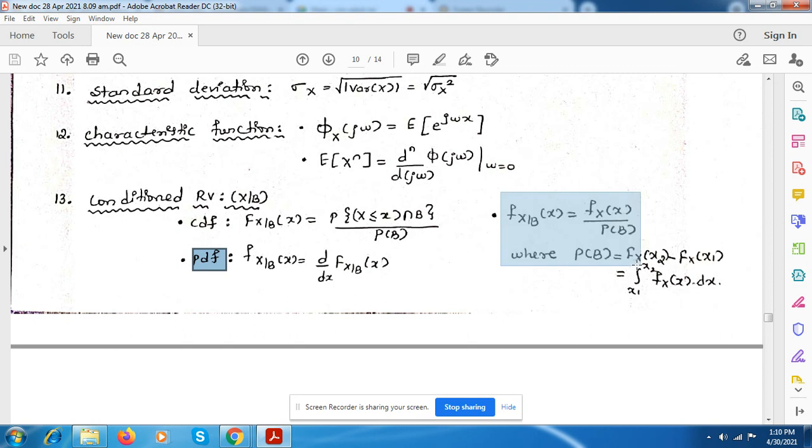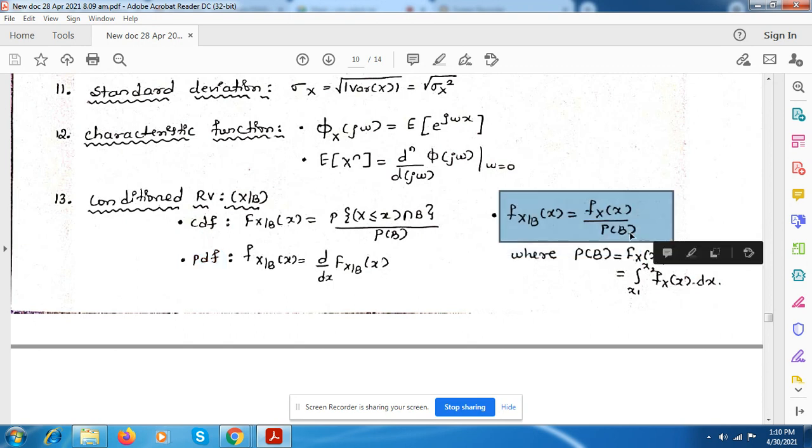Or else you can write it as this formula, that is f_X(x) divided by the probability of B, where the probability of B, in terms of CDF, we can write as F_X(x2) minus F_X(x1), or in terms of PDF as the integration from x1 to x2 of f_X(x) dx.